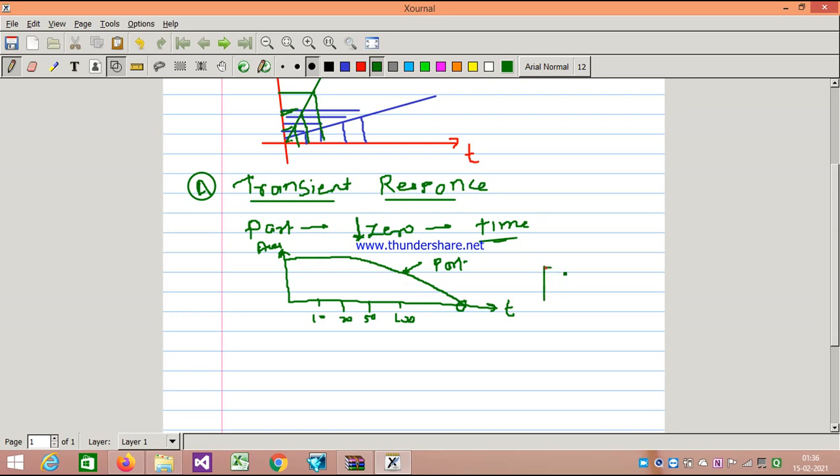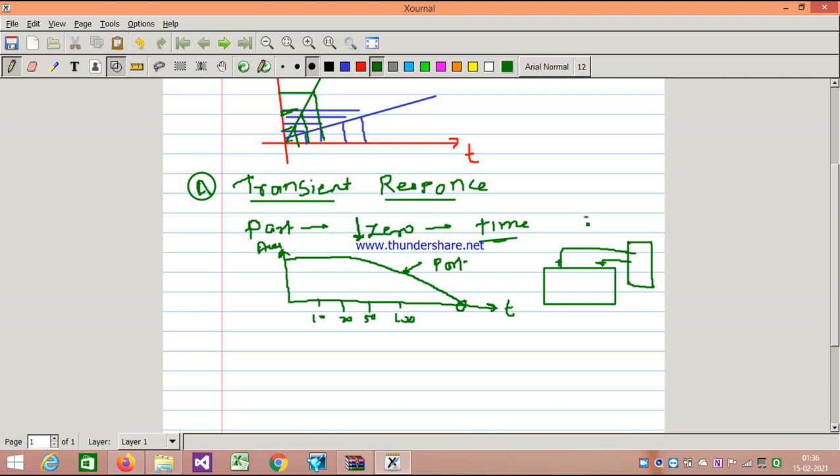The example of this: let's take a battery. This is the positive terminal and this is the negative terminal. Suppose we are taking the battery of a mobile. The mobile battery reduces its charge slowly, very slowly.